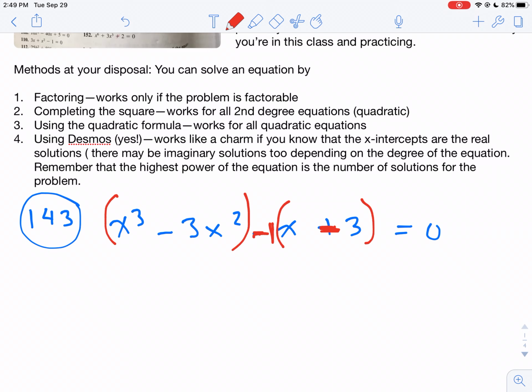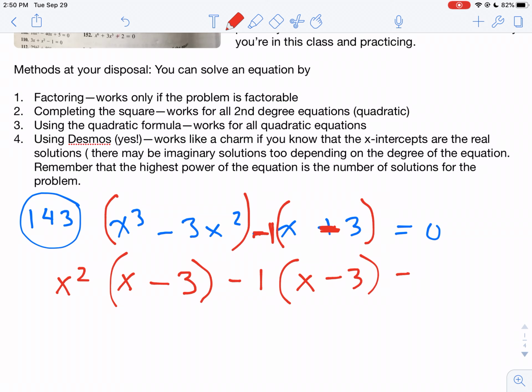So the GCF for the first group is x squared. That's common for x to the third minus 3x squared, and that's going to leave me with an x minus 3, and then this one here is going to be a 3. Okay, and then I have a -1 here, and this is x minus 3.